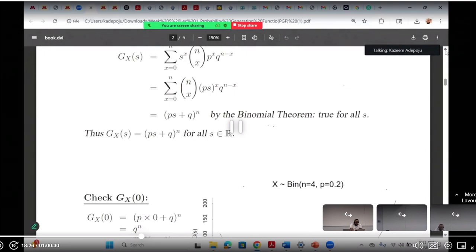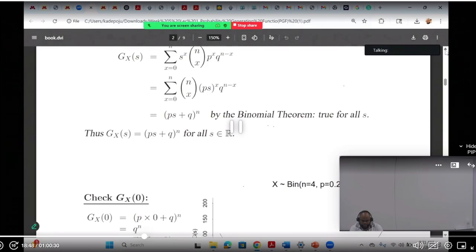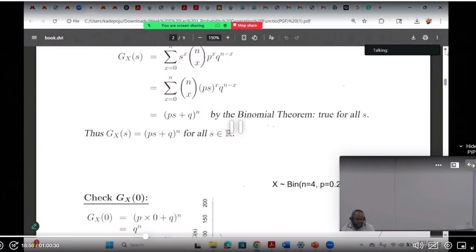Okay, so let me see. I want to see if I can do something here. Now I see loading. You know if it's going to connect.